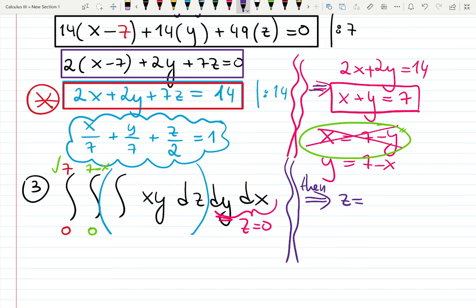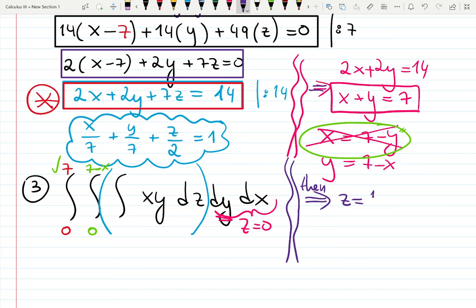It's going to be 2 minus 2x over, I can factor out, I guess, 2 or 7. I can factor out 1/7. Maybe that will be easier.